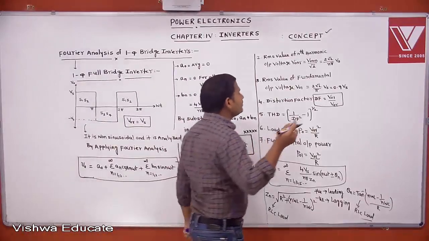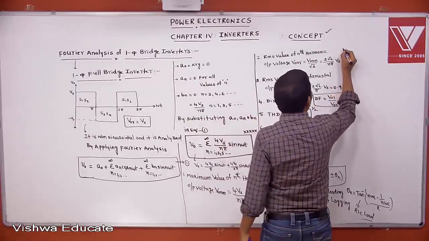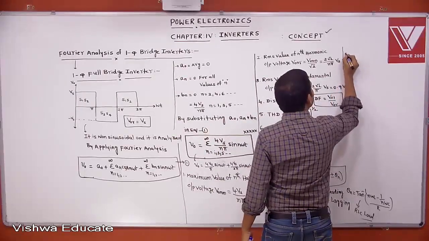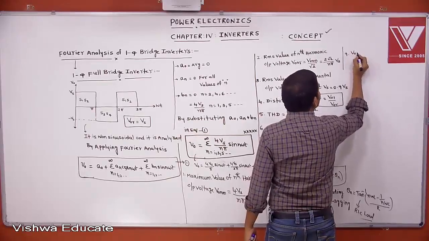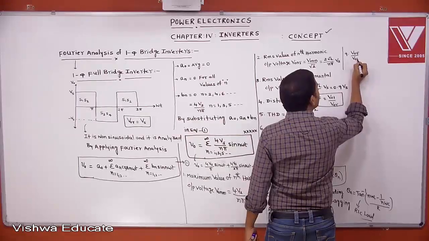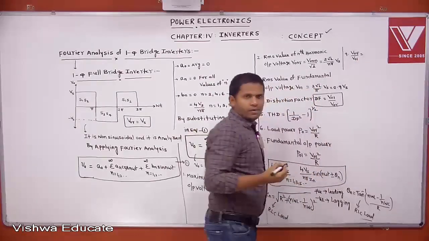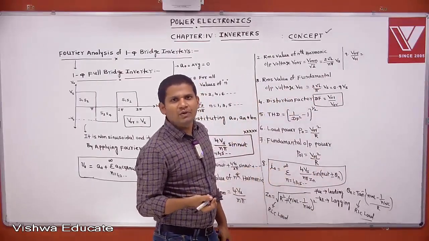For example, I want to calculate one more formula, the ninth one. I want to calculate V05 by V01, that is, the fifth harmonic output with respect to the fundamental.